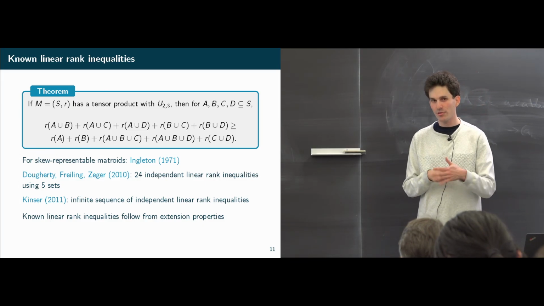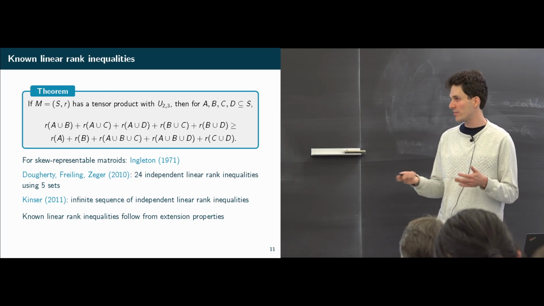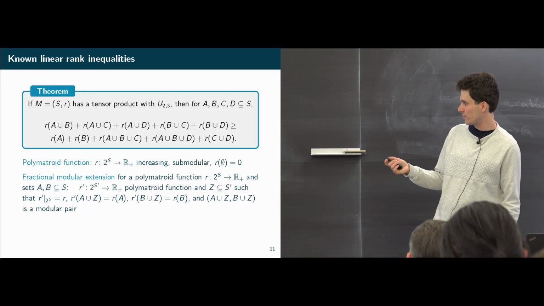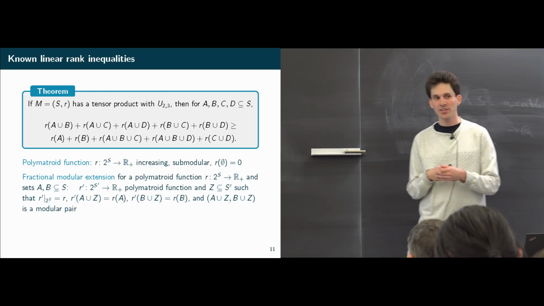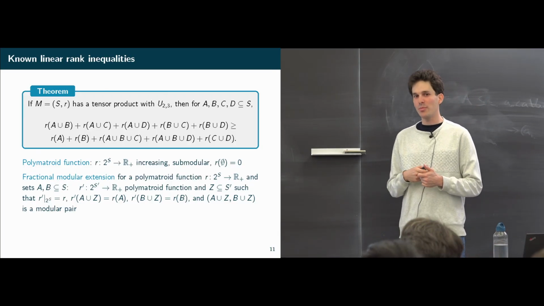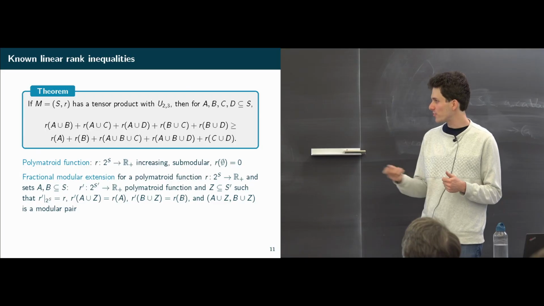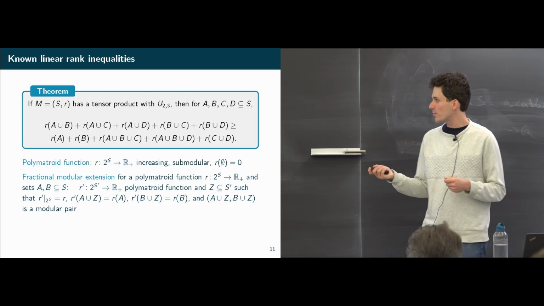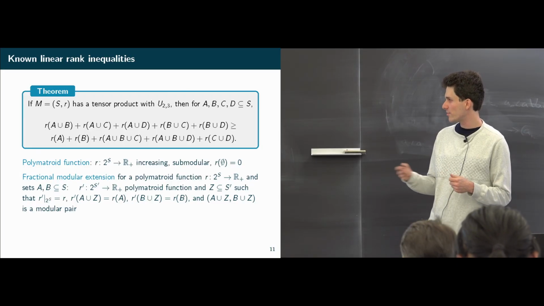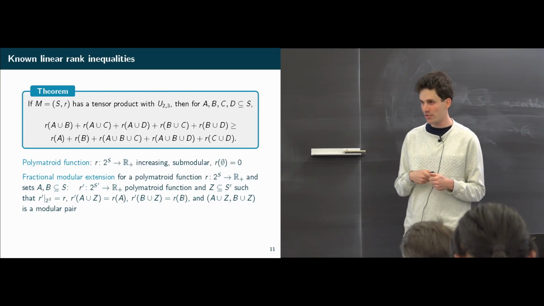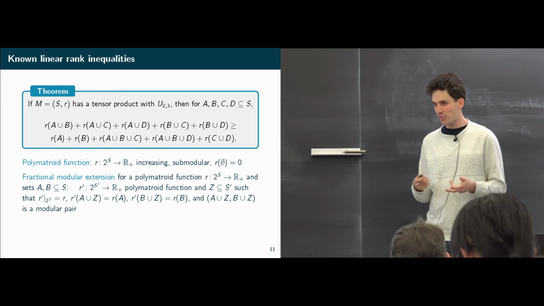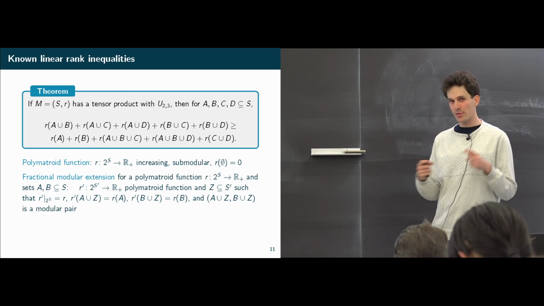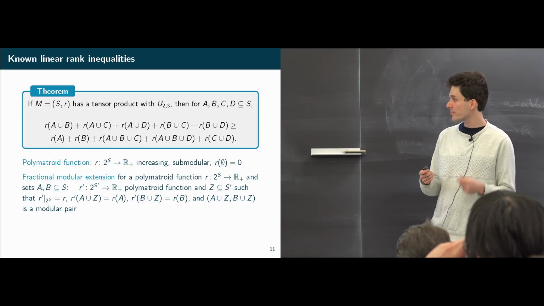So there, for extensions, we always considered matrices. But this is a point where it's good to also introduce polymatroid functions. Instead of considering matroid tensor products, it also makes sense to consider tensor products which might be fractional. By this, I mean that we have some increasing and submodular functions. For those objects, the tensor product is an increasing submodular function, which again has the correct rank on the product set.